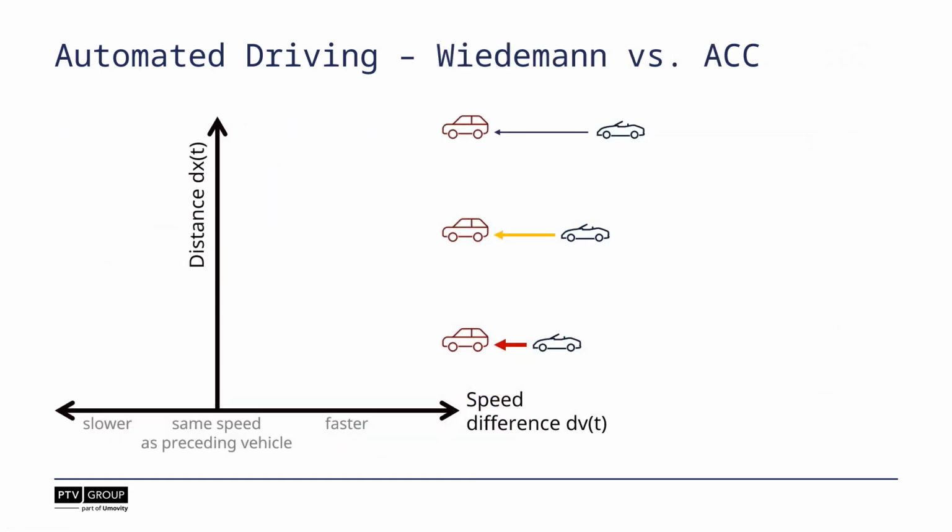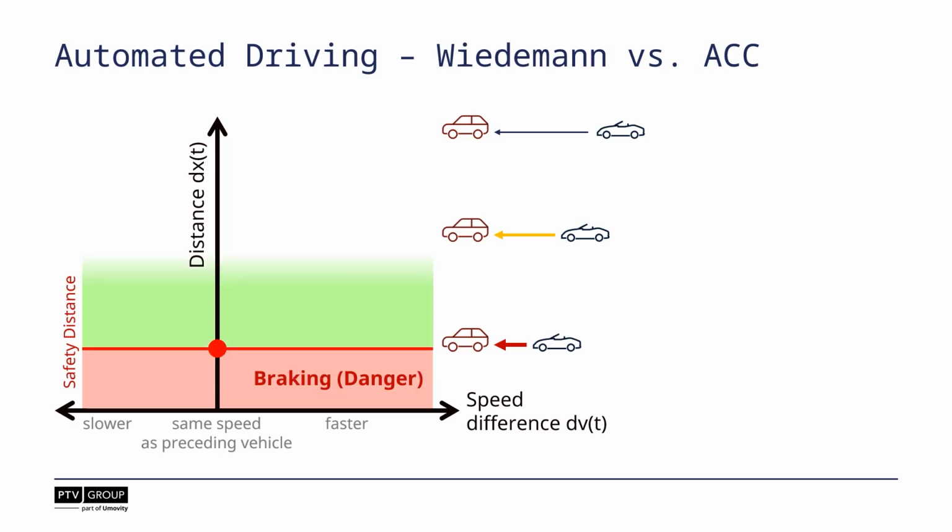And this stability can even be explained if we look at the typical approach and the different states of a vehicle approaching a slower driving lead vehicle. While far away, a faster vehicle is in free driving mode and simply closes the gap to the lead vehicle.